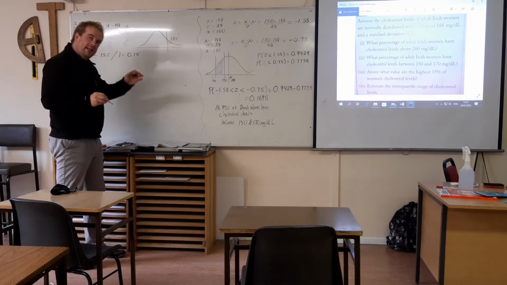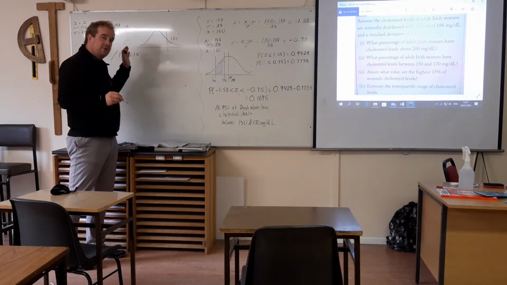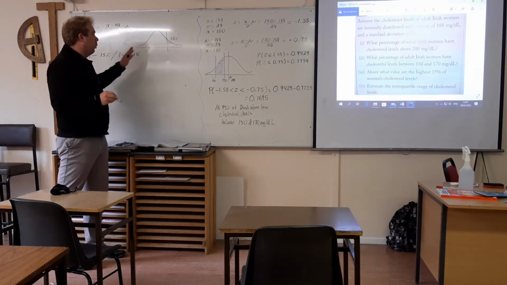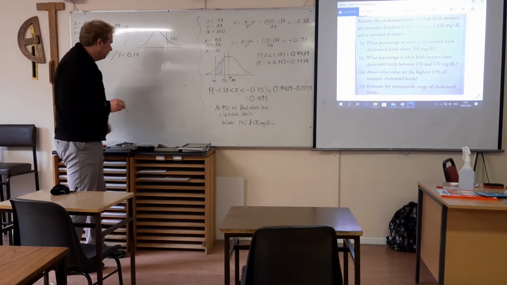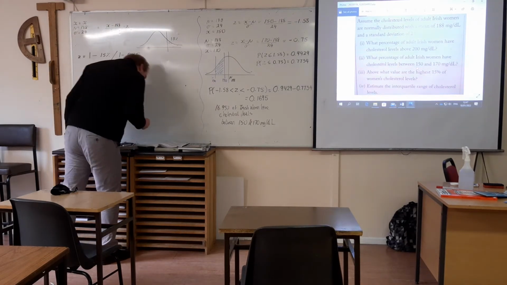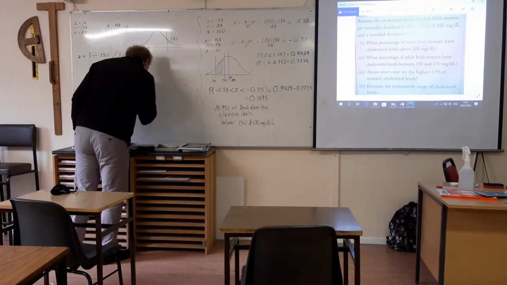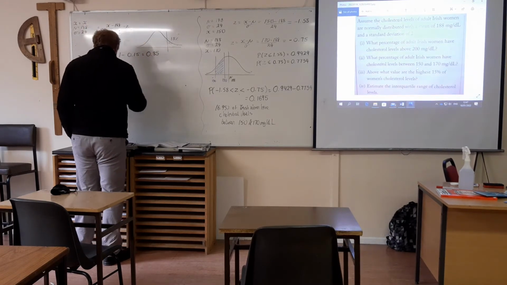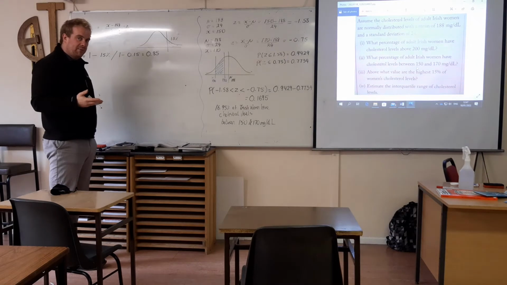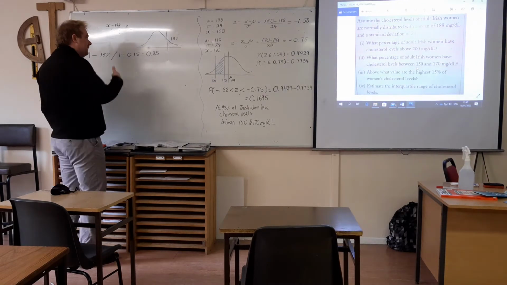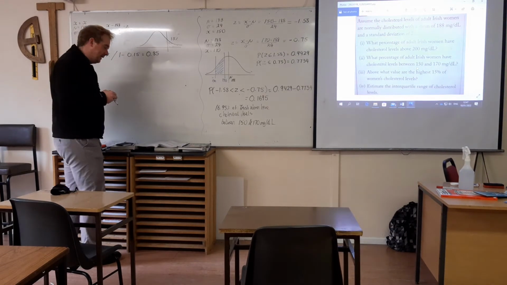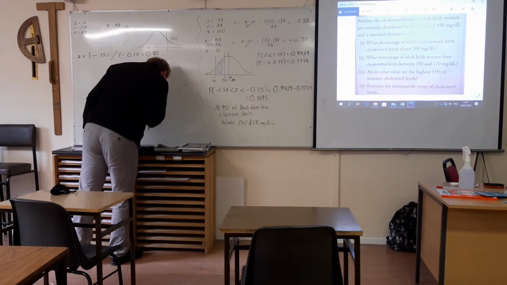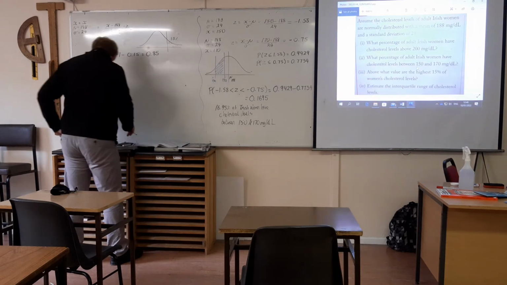And naturally the Z tables only read to the left, which is why I'm subtracting from 1 to get this right-hand measurement. So that's going to give me 1 minus 0.15 will be 0.85. Again, we go to page 36 and 37 of the log tables. We're reading 0.85 from the Z tables, and what we're getting is that Z equals 1.04.